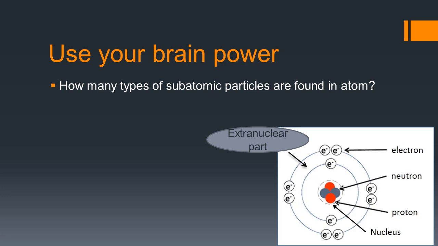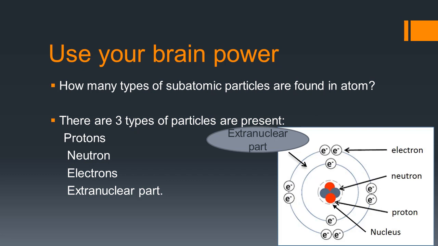There are mainly four types: protons, neutrons, electrons and the extranuclear part, which you can also see in the picture. The extranuclear part is the empty space between the nucleus and the orbits.